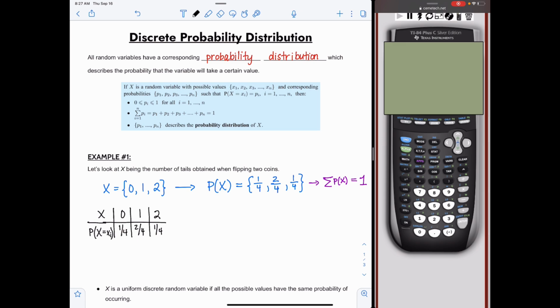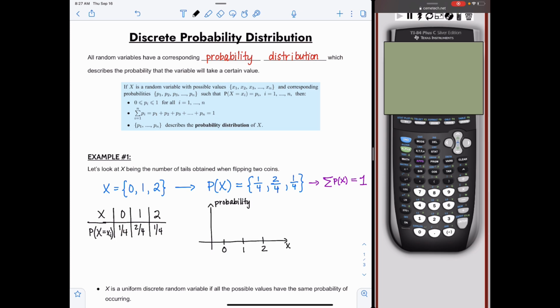Okay, so you can display it in the form of a table, or if you want to, you can display it as a graph. So let's say we have a graph. We want to create our axes. So we know that the y value is going to be the probability, and the x values are going to be the possible values, because x represents the possible values. So you can either have 0 tails, 1 tail, or 2 tails.